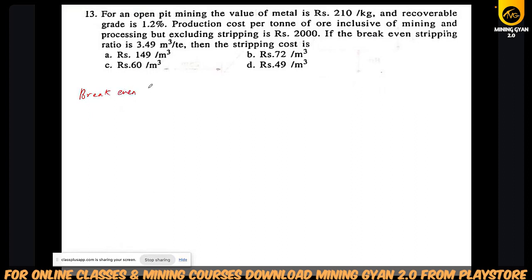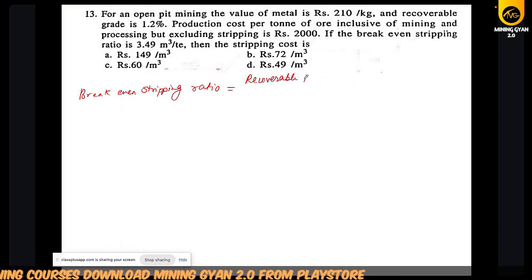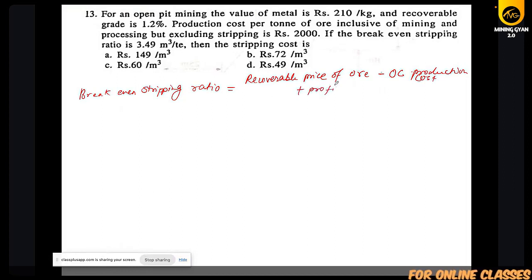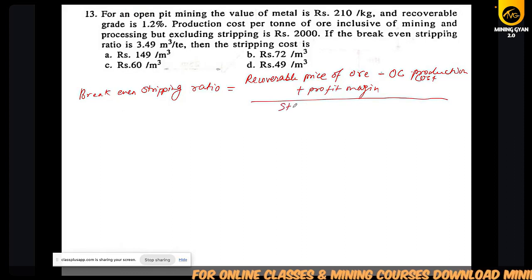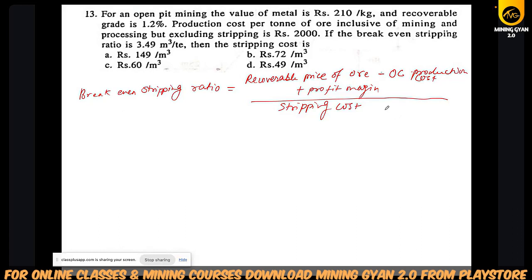Break even stripping ratio, which means recoverable price of the coal, price of the ore, minus open cast production cost, plus profit margin, divided by stripping cost, or you can say cost of the extraction of OB.